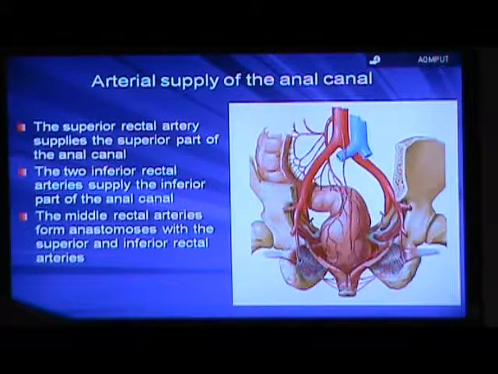And the middle rectal arteries form the anastomosis with the superior and inferior rectal arteries. The middle rectal artery is also a branch from the internal iliac artery. So the middle is between the superior rectal artery, which is only one, and the inferior. The middle and inferior are paired because they are branches of the internal iliac artery.